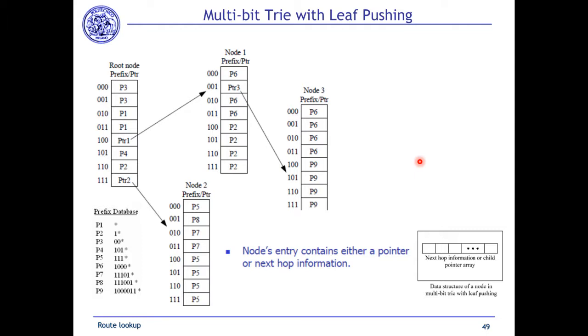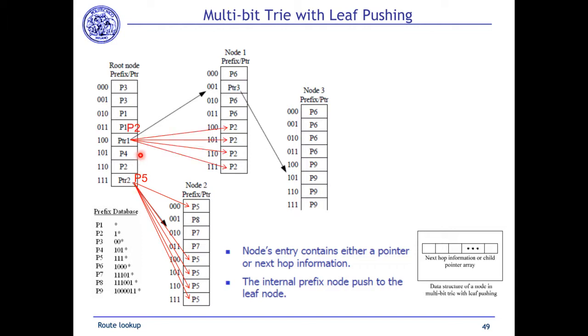So when we create the first node, we have basically here P3, P2, P1, and P1 again. And in the last position where there was P5, P5 is projected to the next node, so we can enter the pointer. And the same here, where we had originally P2, P2 is projected, so you can enter the pointer.